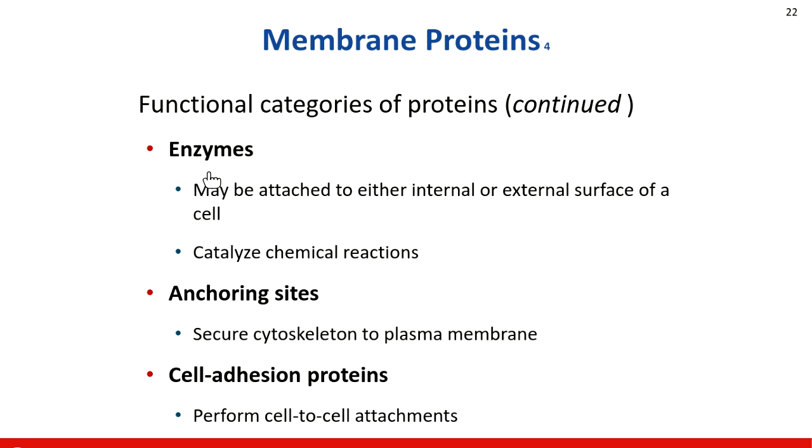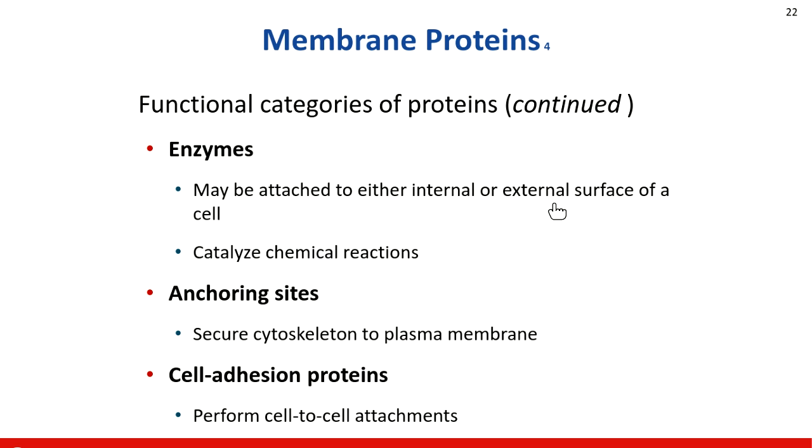Enzymes are a catalyst to start these chemical reactions that a cell might need in order to synthesize something, or to metabolize something. If it takes in nutrients from outside the cell and brings them in and needs them for energy, let's say to make ATP, you need enzymes to help catalyze those chemical reactions. These enzymes can be on the inside of the cell or on the outside of the cell.